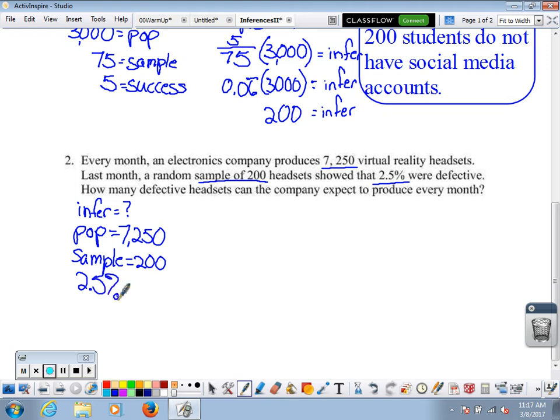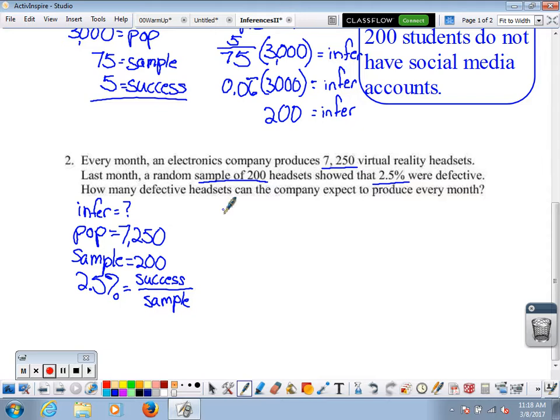Now this is where it gets a little tricky, because usually last time we have the successes. And we don't have 2.5 defective headsets, we have 2.5% defective headsets. So this is actually what we would get if we took our successes and divided by our sample size, which gets a little bit goofy, but it actually saves us a little bit of work.